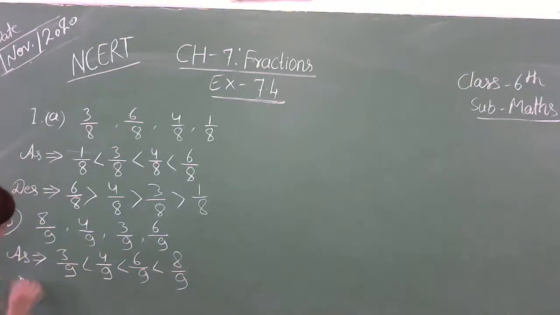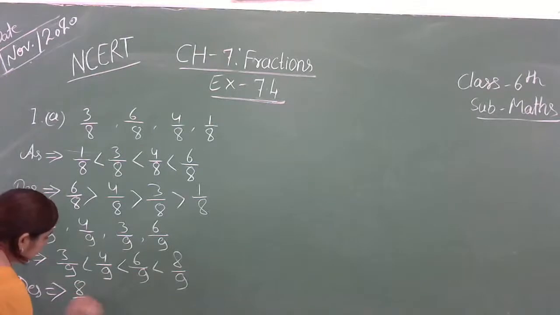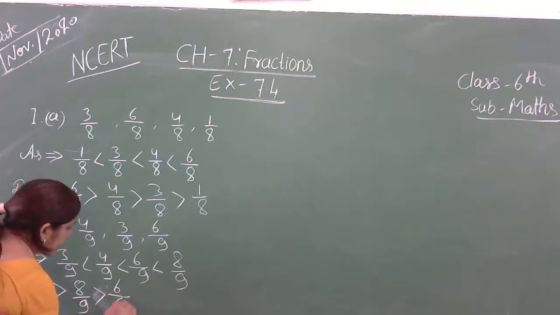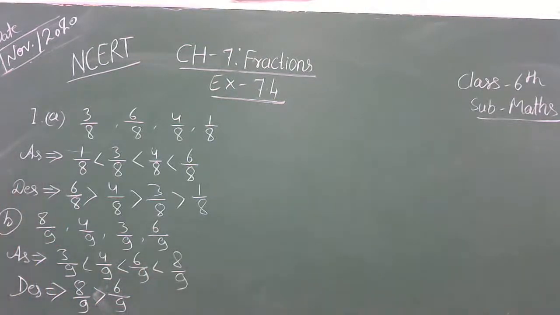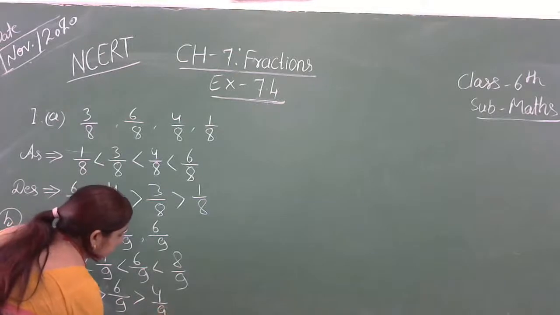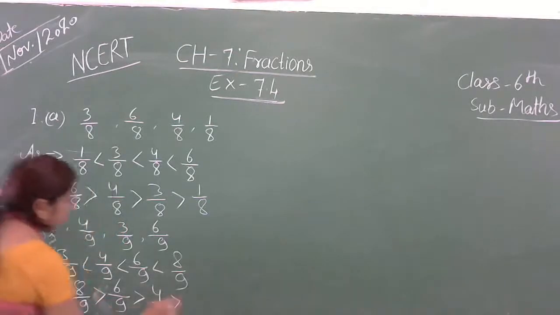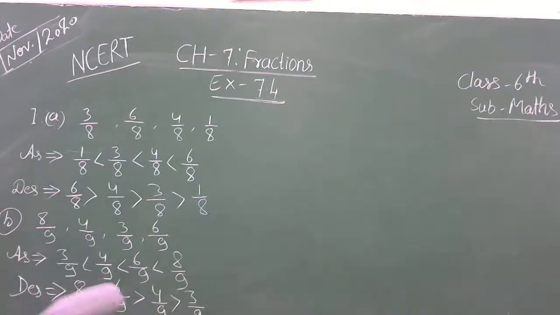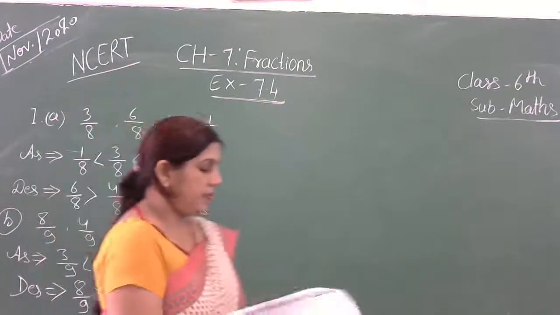Similarly, descending order: 8 upon 9 is greater than 6 upon 9, greater than 4 upon 9, greater than 3 upon 9. Okay. So this was question number first.